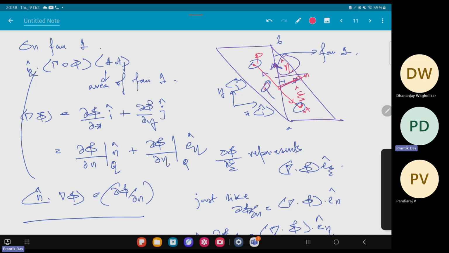Theta is the angle between the normal vector of the cell on face one and the line joining capital P and capital A. So theta is the angle between n and zeta. Zeta is the basis vector along the PA direction, the unit vector joining P and A.